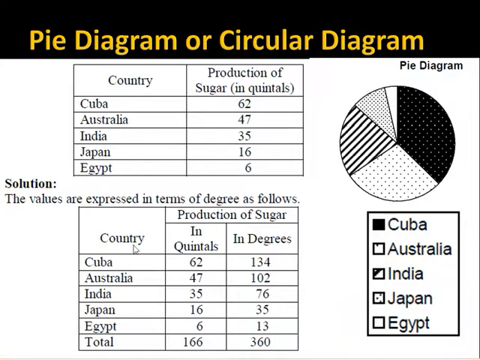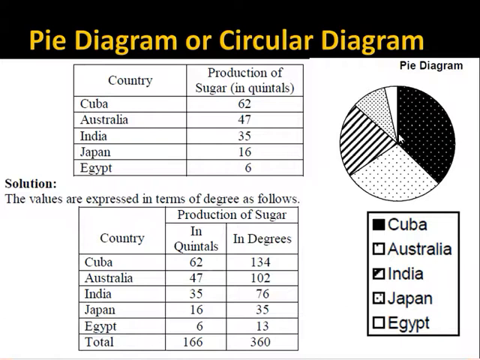So 62 by 166 into 360 is equal to 134. 47 by 166 into 360 is 102. 35 by 166 into 360 is 76. 16 by 166 into 360 is 35. 6 by 166 into 360 is 13. So you have found the angle of each country for each sector.